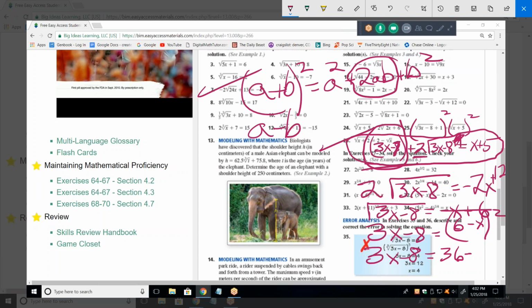Not 2x, 2 times 6 times x, 12x. Okay. 2 times 6 times x, only I'm using the negative one. Right. And what's b squared? x squared. Plus x squared. I need the plus. I definitely need the squared.